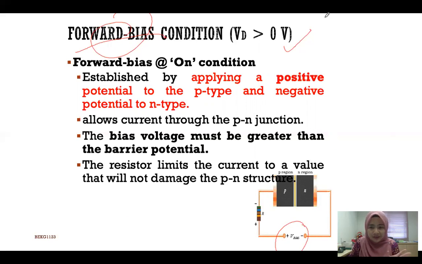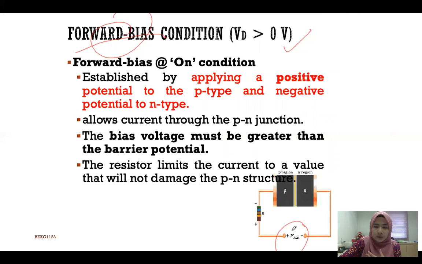Remember I said to you that the function of a diode is similar, it acts like a switch. So meaning it has an on condition and also an off condition. So this forward bias condition is what we also call an on condition. This forward bias is established by applying a positive potential. Look at here.